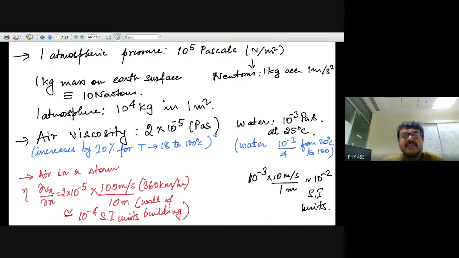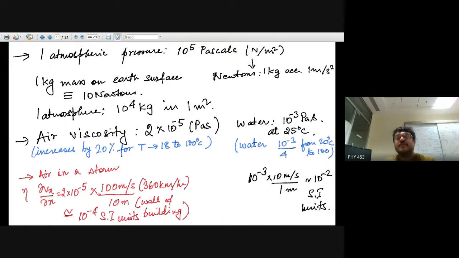For viscosity, the SI unit is Pascal second, right? And for water, water is 50 times more viscous than air, and it has viscosity of around 10 to the power minus 3 Pascal seconds at 25 degrees temperature.